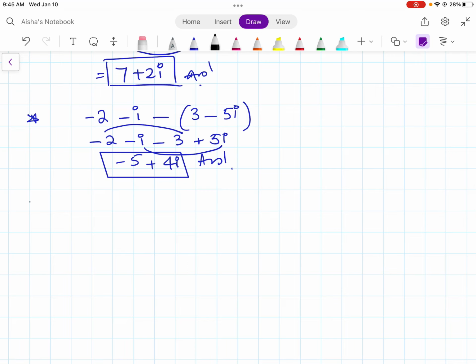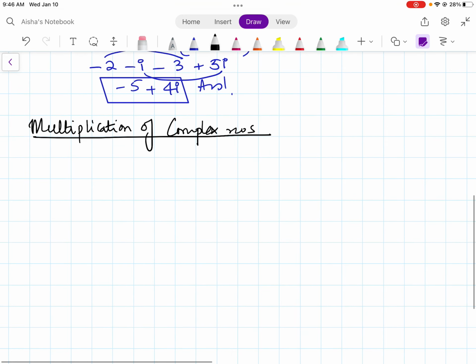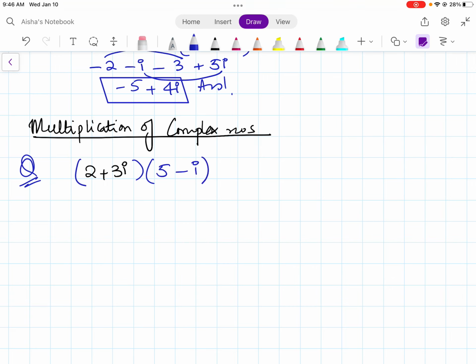Let's do multiplication. Multiply both the brackets. 10 minus 2 iota.